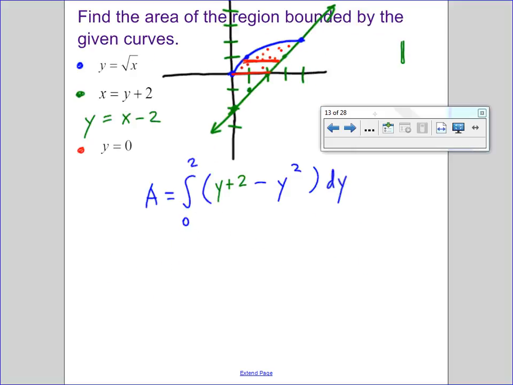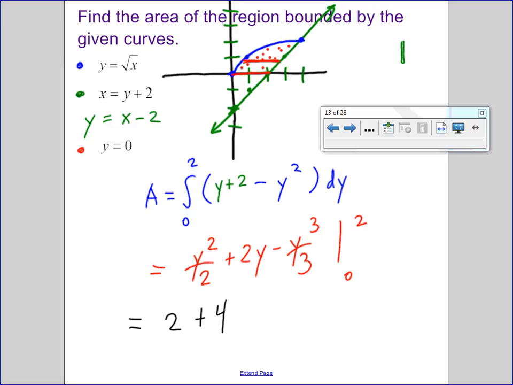Awesome. Again, we know antiderivatives for each term of my integrand, so I'll jump right to the fundamental theorem of calculus evaluation theorem, where I find an antiderivative: y squared over 2 plus 2y minus y cubed over 3, evaluated from 0 to 2. That lower limit of 0 will make this easily evaluated without a calculator as well. 2 squared is 4, over 2 is 2, plus 2 times 2 is 4, minus 8/3, minus the lower limit evaluated in my antiderivative, which is just 0.